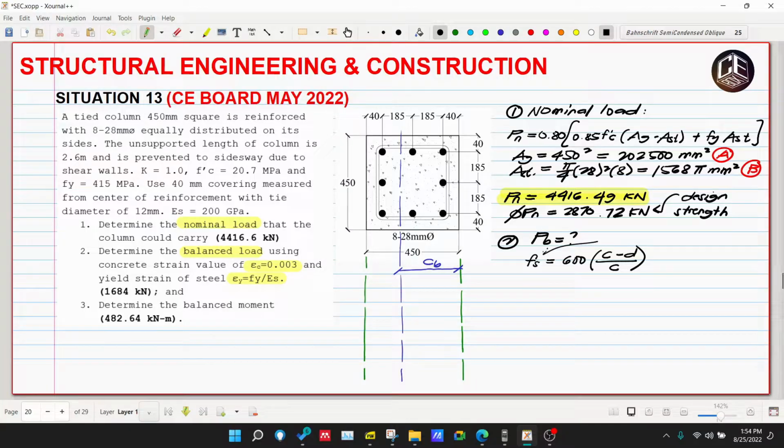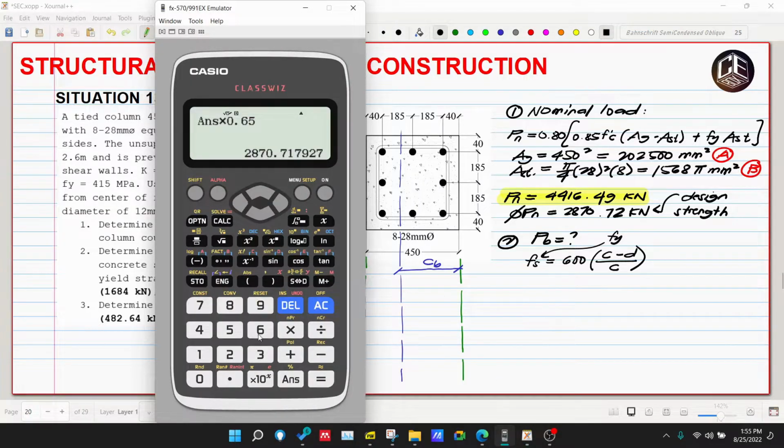Kasi pag sinabi natin balance, sabay silang mag-yield. Yung Fs na to, ang pagbabasihan niya ay yung ating Fy. So, kung Fy yan, that is 415.